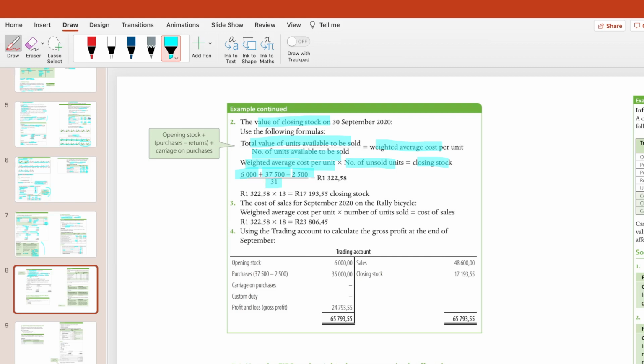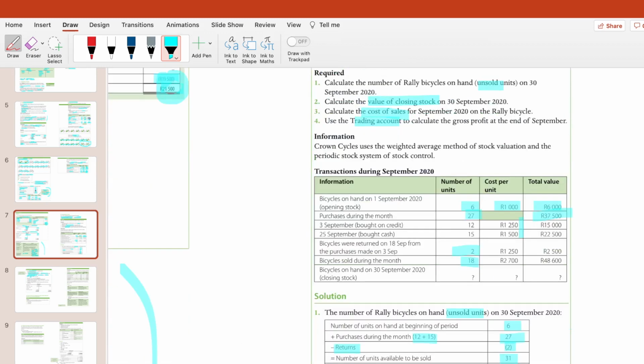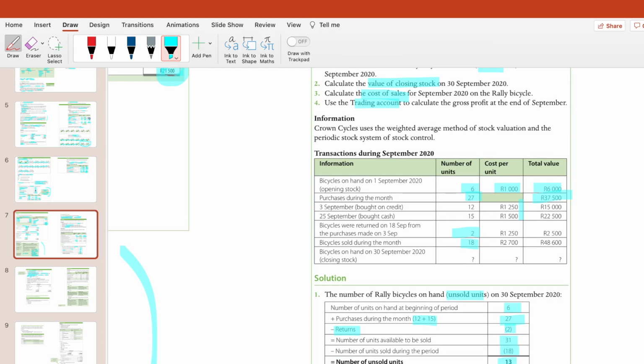That is the total to be sold. So if we just return quickly over there, we take the 6,000 plus the 27,000, and we subtract the 2, and we get the 31. There it is. Okay, so it works it out for us.